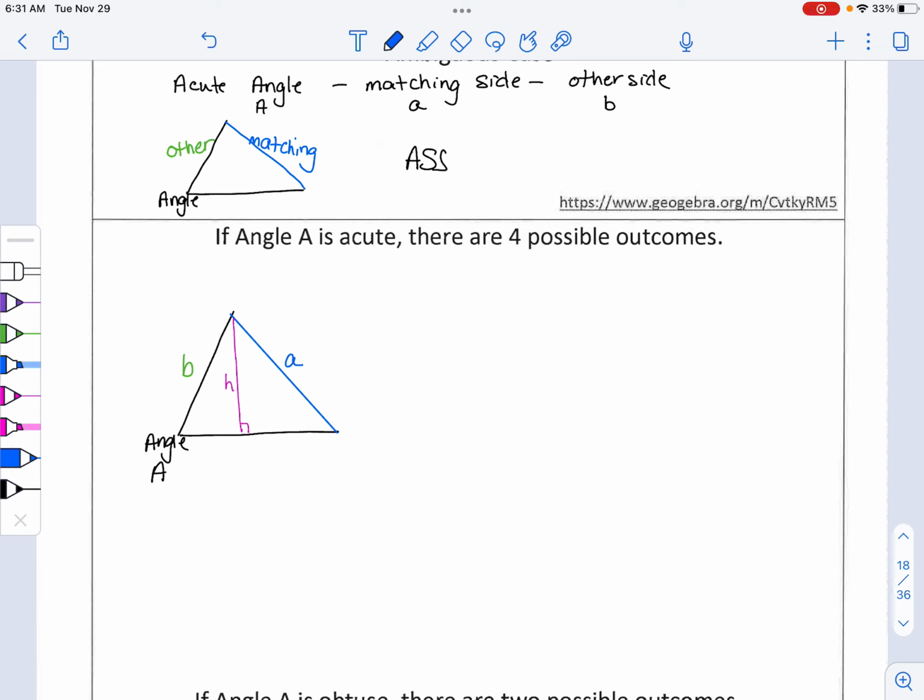So first and foremost, if your matching side is less than your height, there are 0 triangles possible. If your matching side is greater than your height, but it is less than your other side, so it's kind of smack dab there in the middle, this is your perfect scenario for 2 triangles possible.